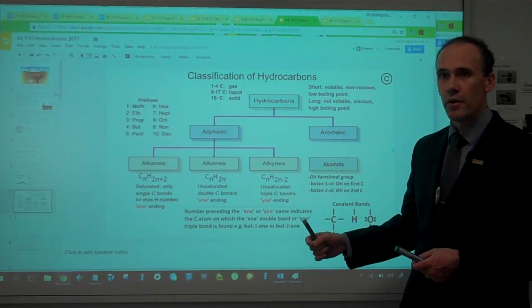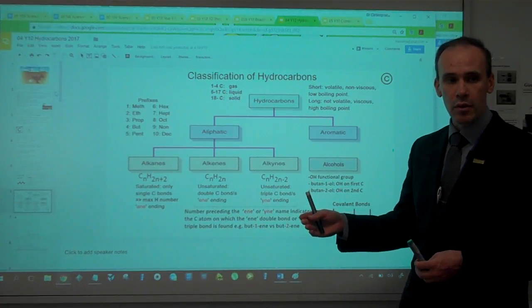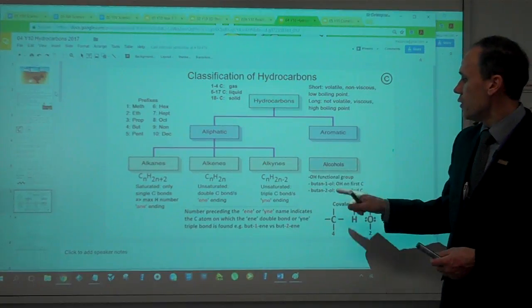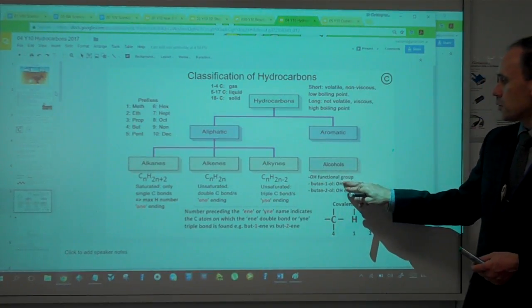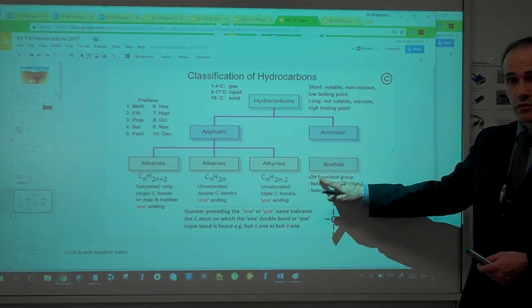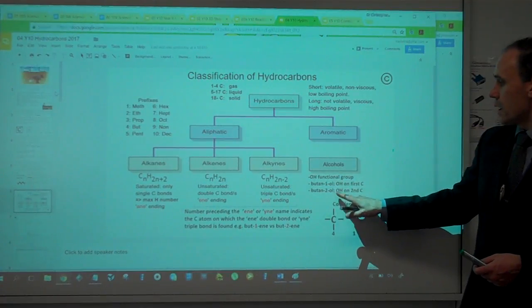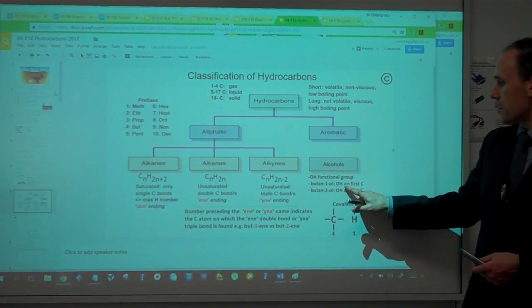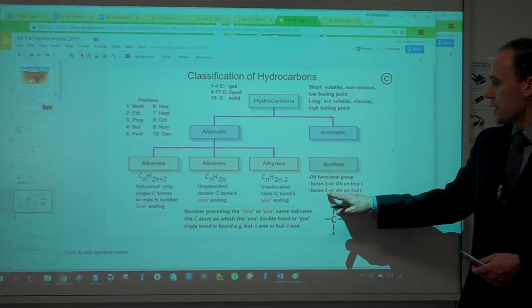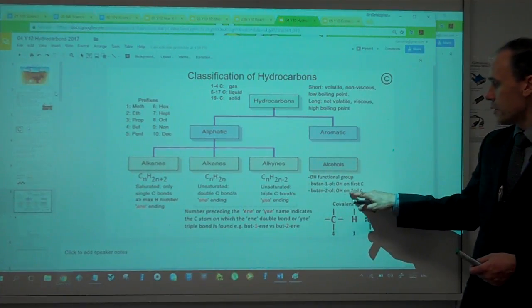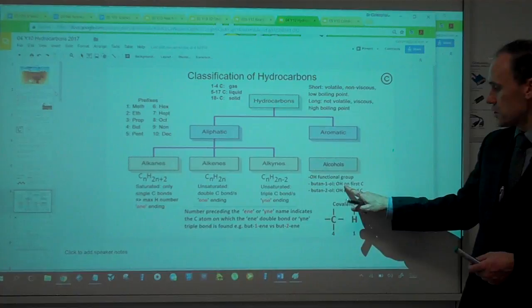But-2-ene has the double bond between carbon 2 and carbon 3. Alcohols have a functional group, the OH or hydroxyl functional group. Butan-1-ol has the OH on the first carbon. Butan-2-ol has the OH on the second carbon, so there's a naming convention.